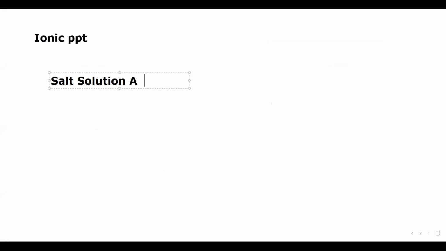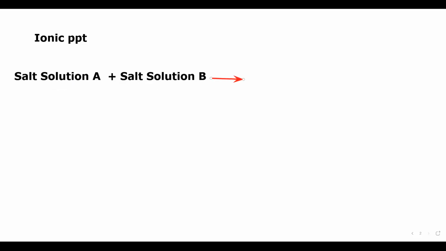So salt solution A is mixed with salt solution B. This results in the formation of two different types of salts. But one of the salts which is formed will be insoluble. So it will form salt C, a solid salt or insoluble salt, and it will form a soluble salt or salt solution.